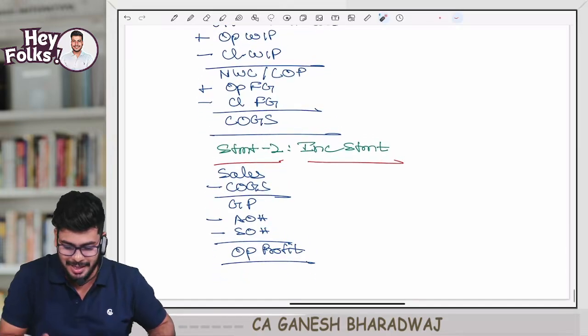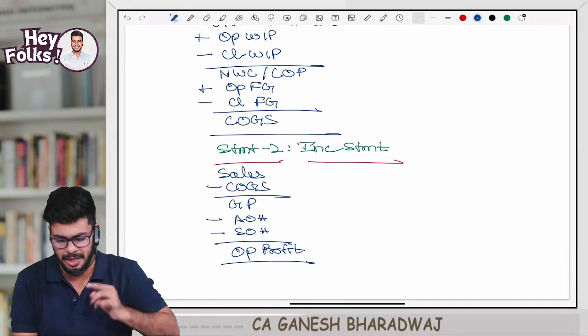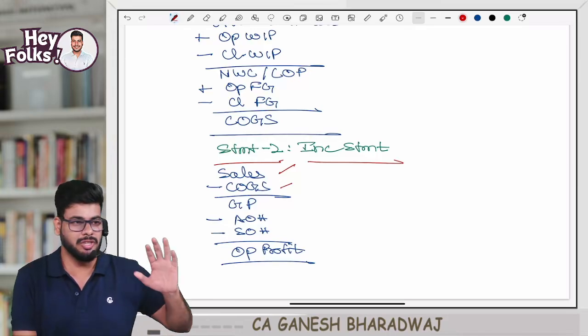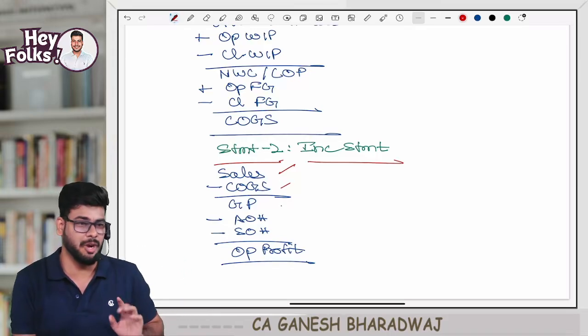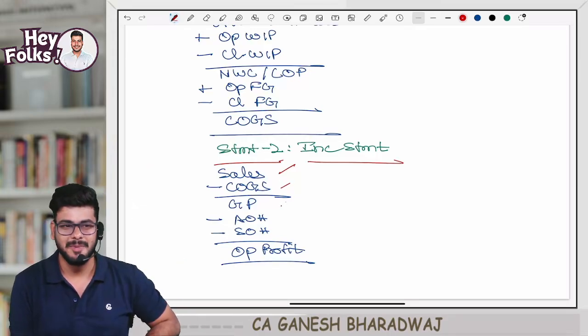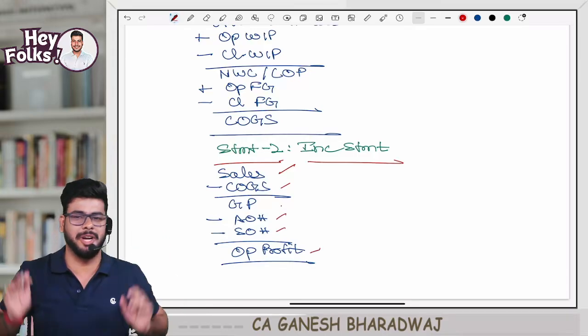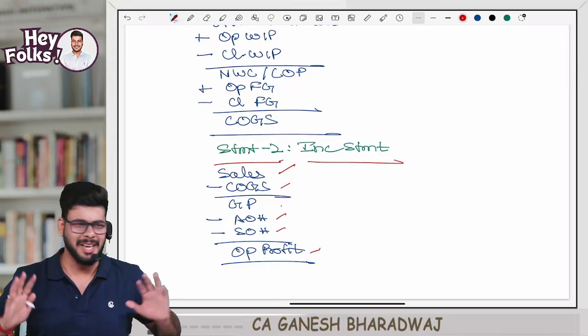Now look at the income statement. Whatever we learned has only been mentioned here. From sales, they are reducing cost of goods sold and calling it gross profit, a trading account item. From gross profit, they have reduced AOH and SOH and they are calling it operating profit. Any problem here?